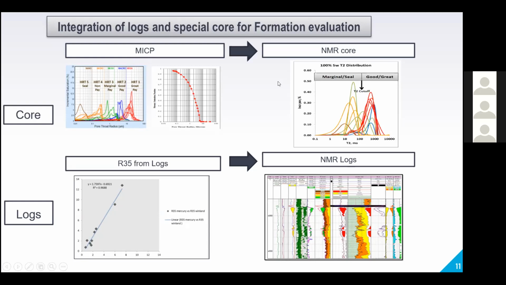Moving last to NMR, you have to derive the T2 cutoff. The T2 is called the relaxation time of your reservoir. Any peak below a T2 cutoff is called capillary bound water or clay bound water. So the summation of the clay bound water and the capillary bound water is called irreducible water saturation.